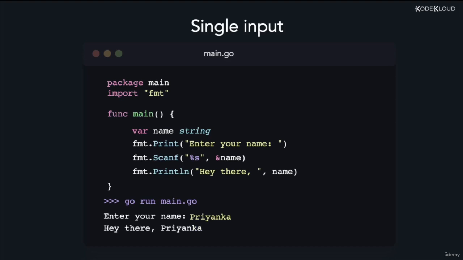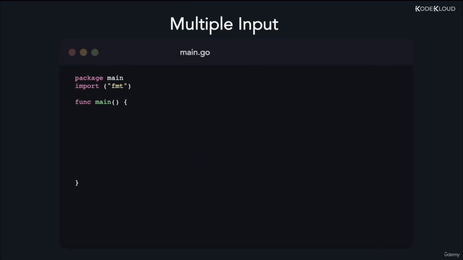Let's see how we can take multiple inputs using the scanf method now. So we'll declare two variables, and we would be using both of these variables for storing input from the user. Again, a print statement for users' convenience. Now, note that you can also take input by writing the scanf statement two times over here, that is, for each input.